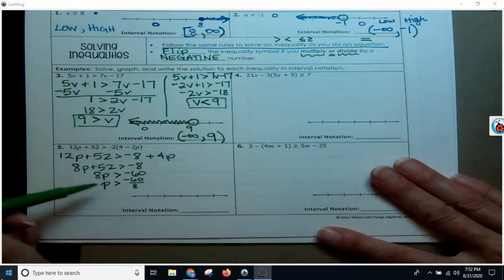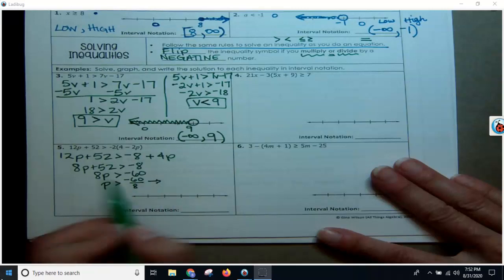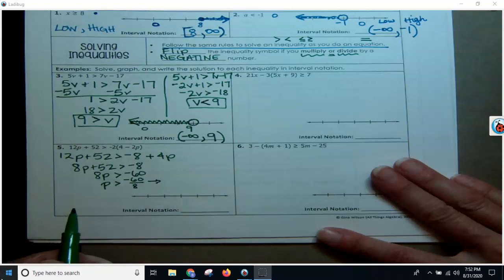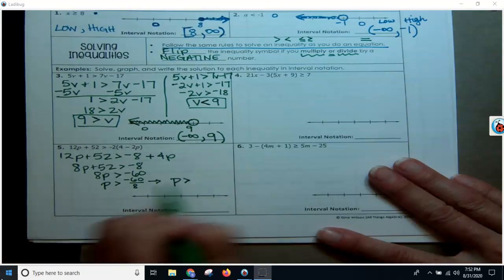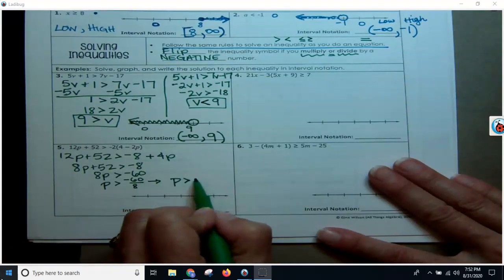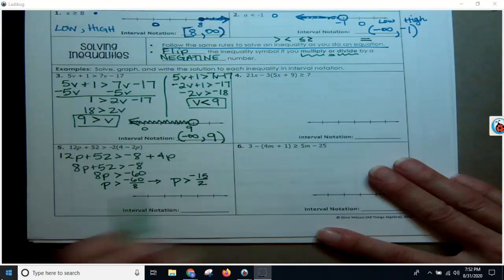The only thing that's going to make it is if I'm dividing or multiplying by a negative number. Now I can reduce 60 over 8, p is greater than, 4 is going to go into those evenly, negative 15 over 2. All right, well, how do you graph that?